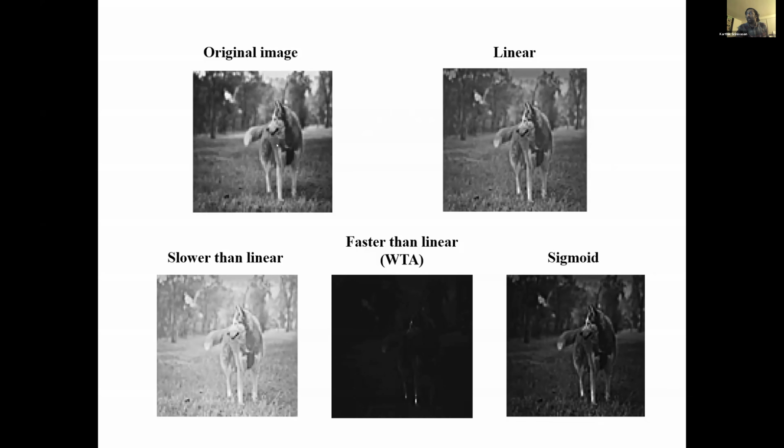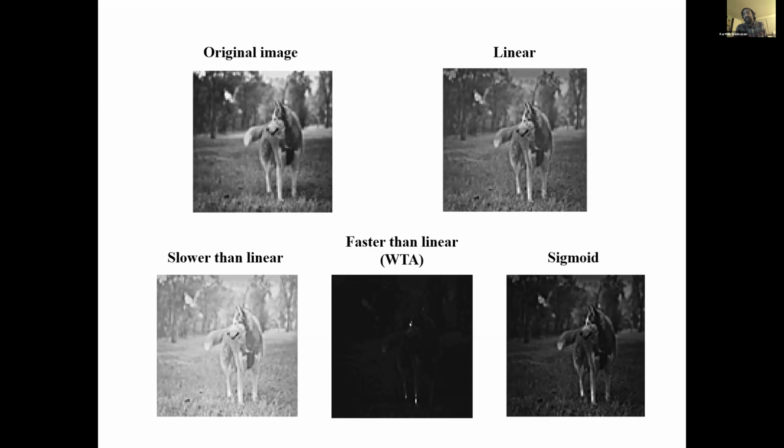So this is just the original image, and the linear activation function is mostly the same, because it's going to preserve the pattern, but if there is any noise, it's going to increase. In the slower than linear case, you can see it's kind of whitening to some value. If I run it for a longer time, it's probably all going to become white and smudged, but you can already see it getting smudged.